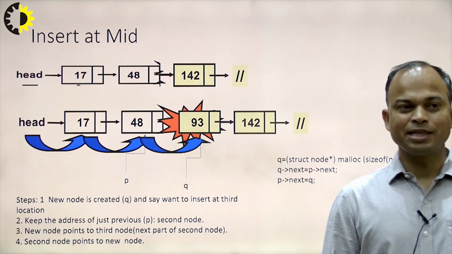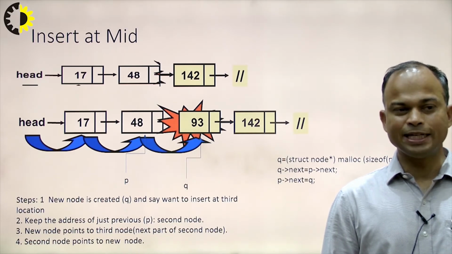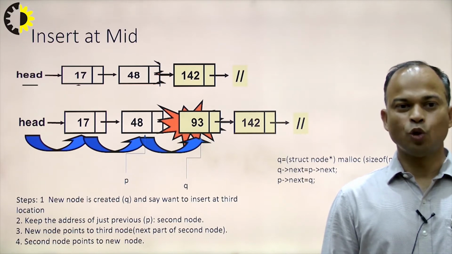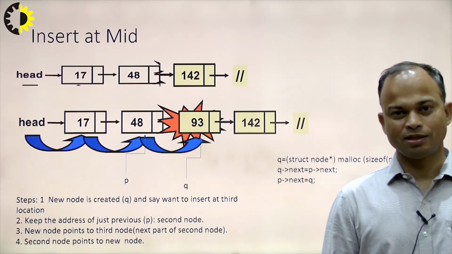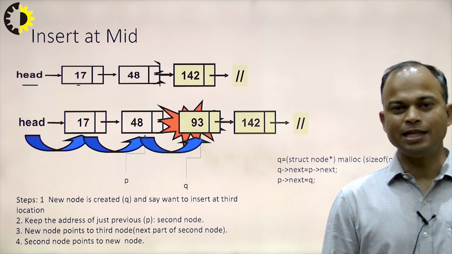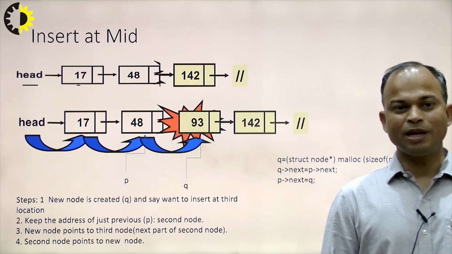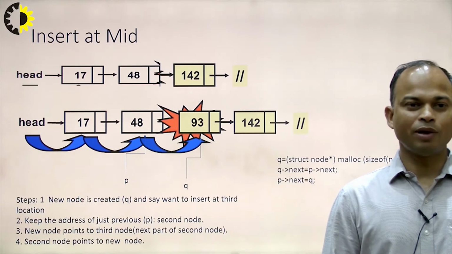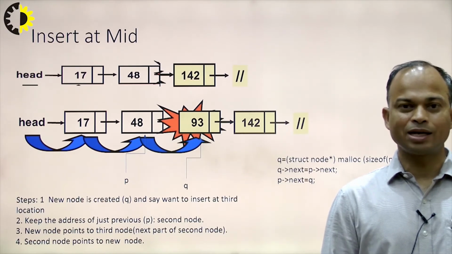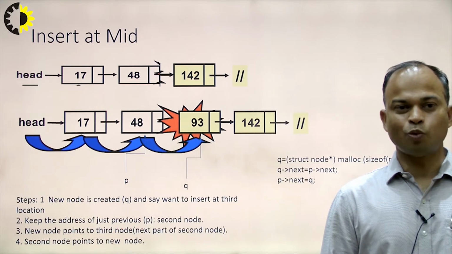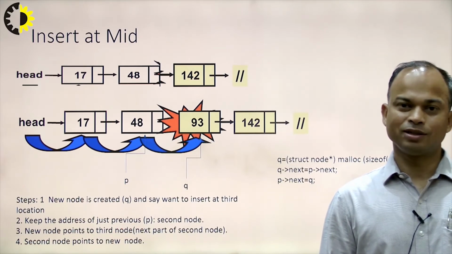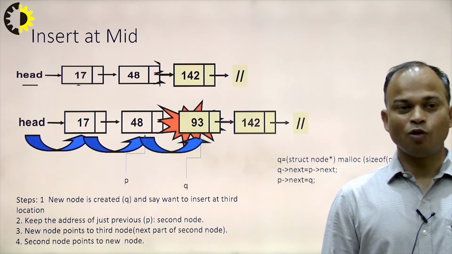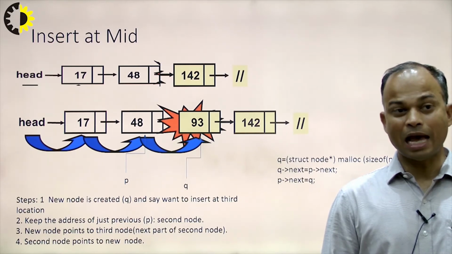Therefore, we need Q arrow next equals P arrow next. The reason is that P contains the address of the second node, and P arrow next means the address of the previous third node. Therefore, Q arrow next means Q, the newly created node, is pointing to the previous third node, and now linking is required between the second node and the new node.